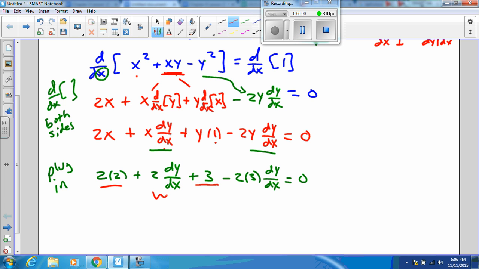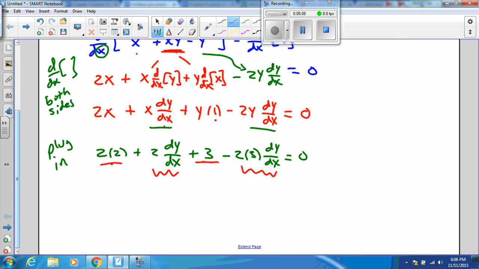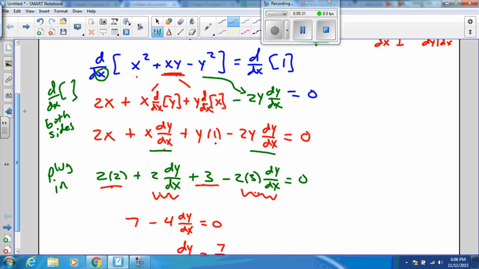I have a bunch of terms that are just constants, and I have a bunch of terms that have dy/dx in them. And so I can combine those terms to get 4 plus 3 is 7. And I can subtract to get 2 minus 6 dy/dx is minus 4 dy/dx is equal to 0. Subtracting 7 from both sides and dividing both sides by negative 4, we get dy/dx is equal to 7/4.